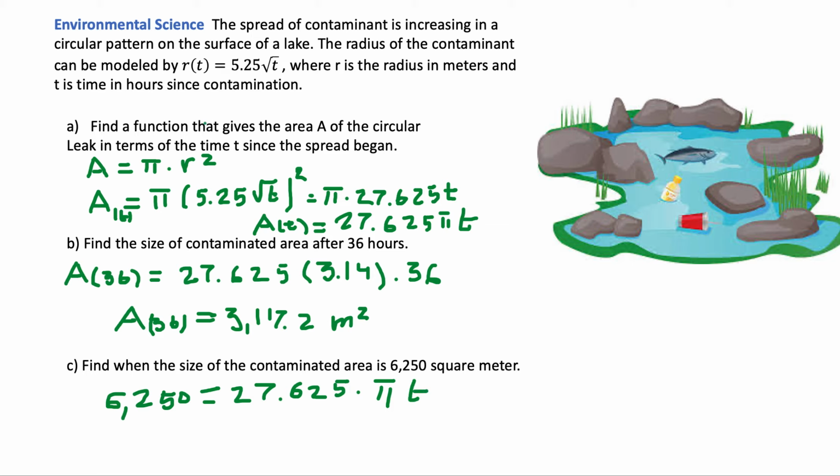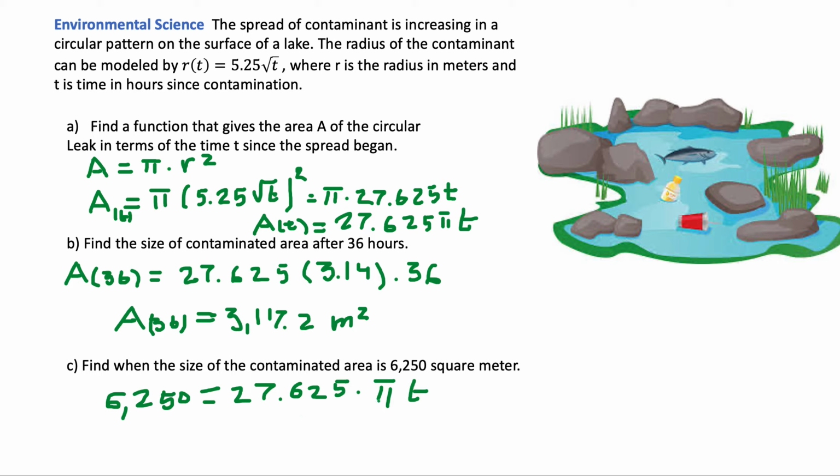What I did here, basically, instead of A of t in the formula, I'm plugging in 6,250, the value for the area, and 27.625 I already brought here.